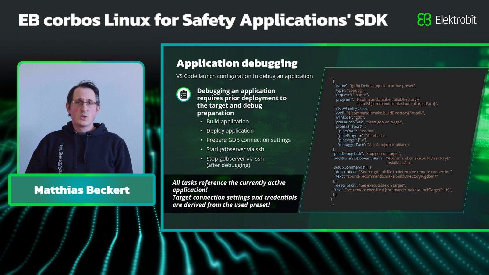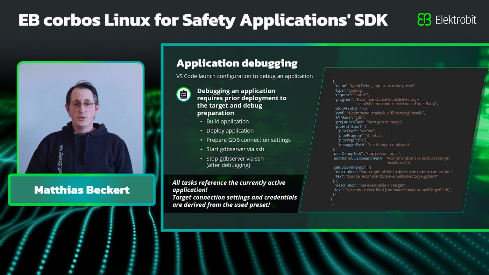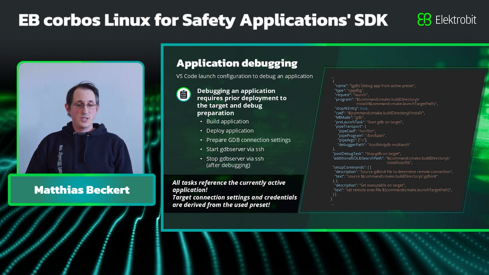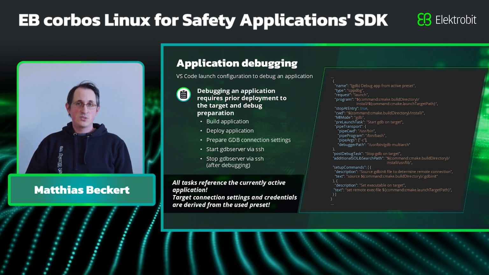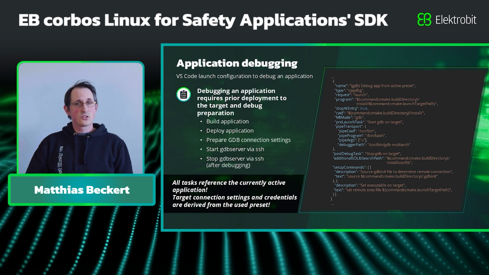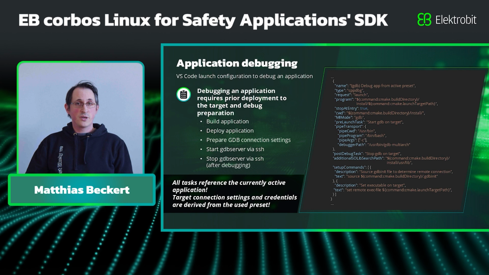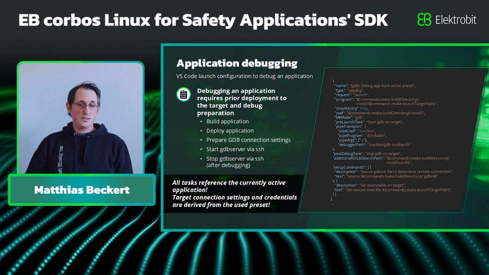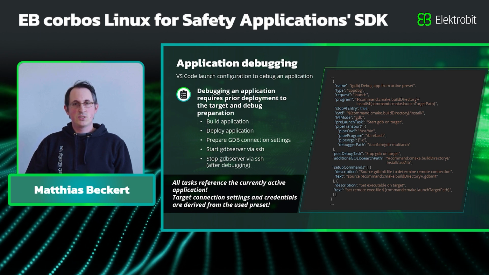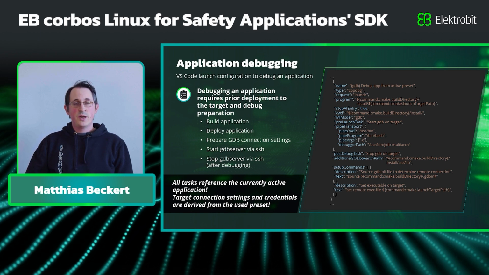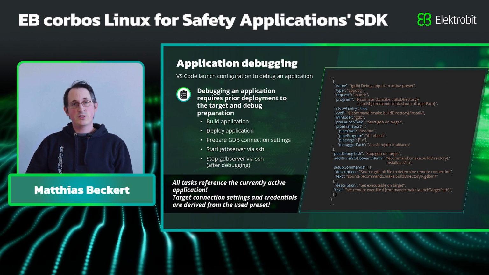So when we start the debug session, everything that I just explained, with deploying an application and building it and preparing the GDB on the target, will happen automatically, because the launch configuration references the start GDB server on the target, and therefore all the other actions happen automatically. And with this, you can simply debug an application on a different set of targets where the connection, as I said, is derived from the currently active CMake preset.